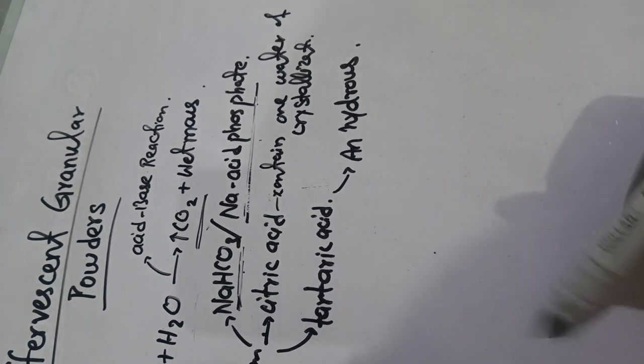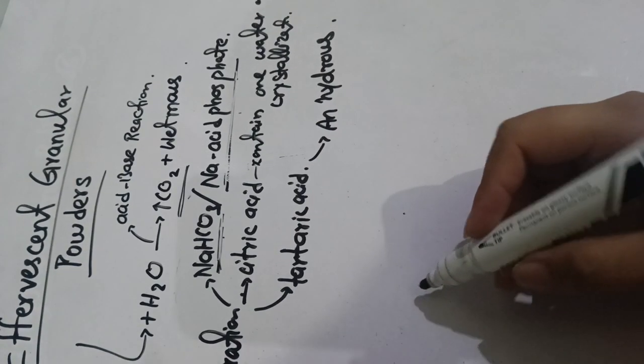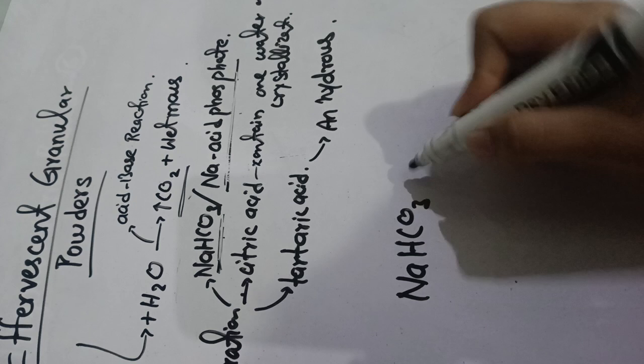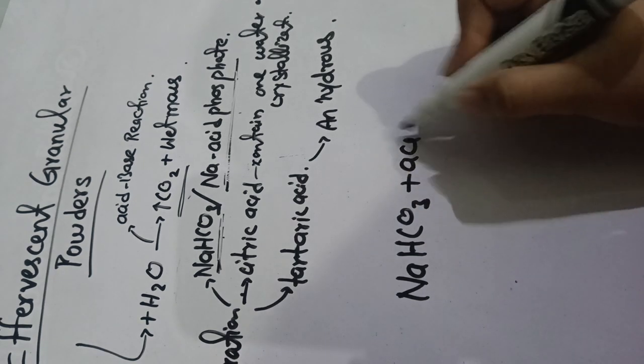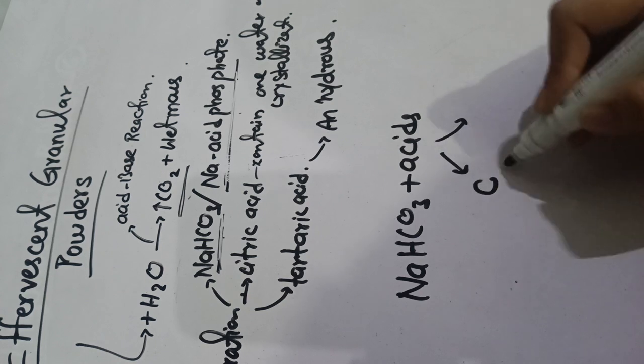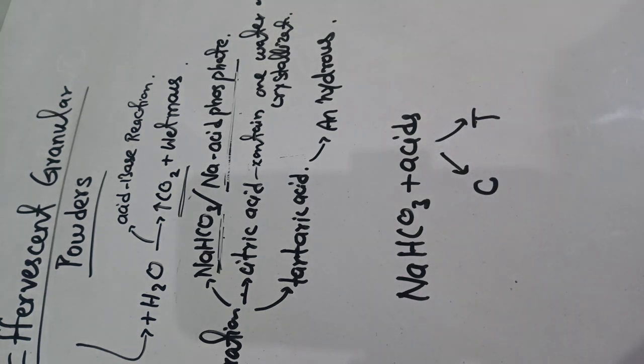And the next thing is that whenever we mix NaHCO3 plus acids, the two acids we use are citric, C for citric, and T for tartaric acid, and both of these acids are combined in a proportional way.